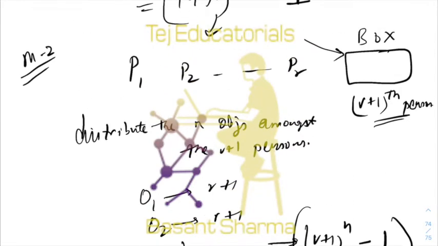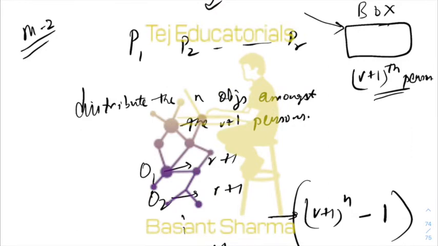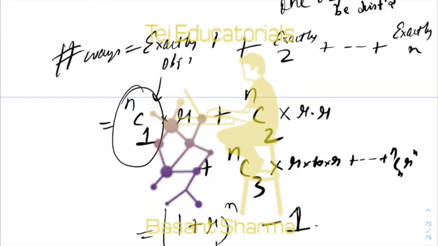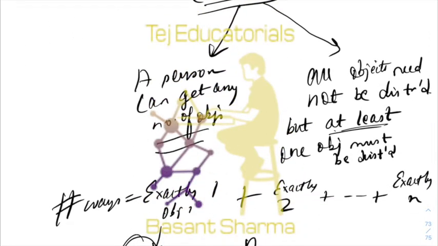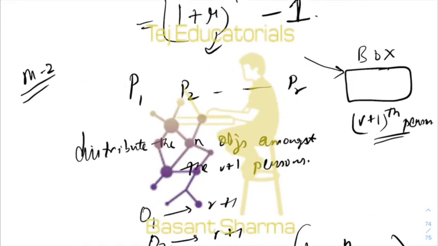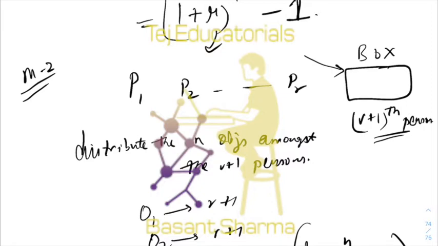So the idea here is, you put a box alongside these r persons, and if an object is not distributed to any person at all, because in this case a person can get any number of objects, and all objects need not be distributed, but at least one object must be distributed. So when we put an object in the box, that means that object is not given to any person.